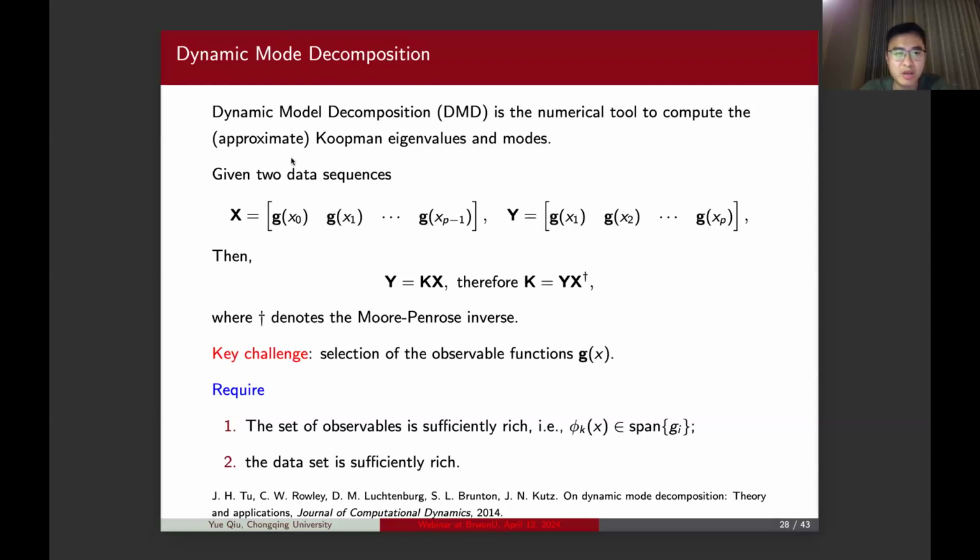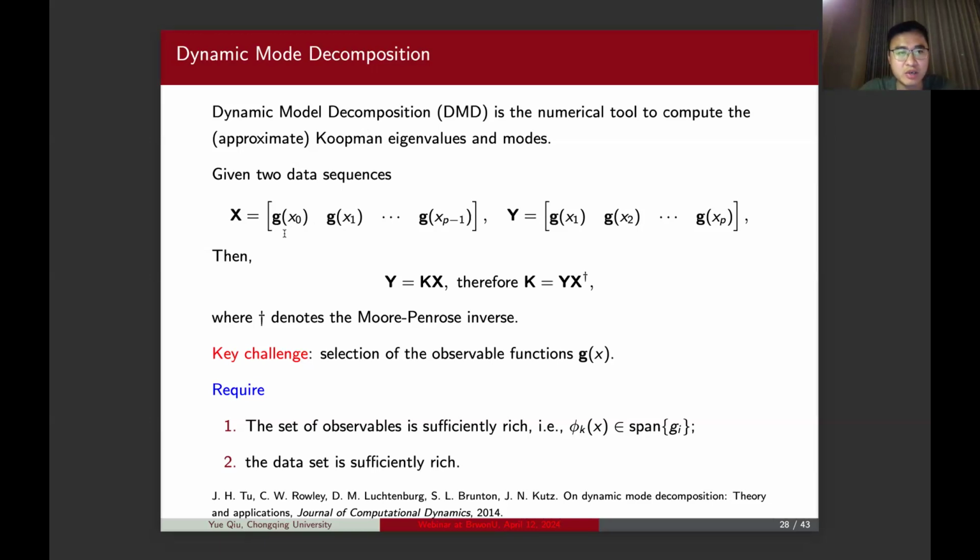Suppose that we already know this observable function g, and we are able to construct these two data sequences by just shifting the time forward once. Suppose we have a few observed states of the original system, from x1 to xp, which is data that we could observe by performing some numerical experiments.